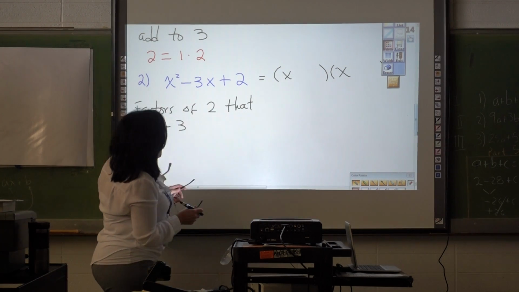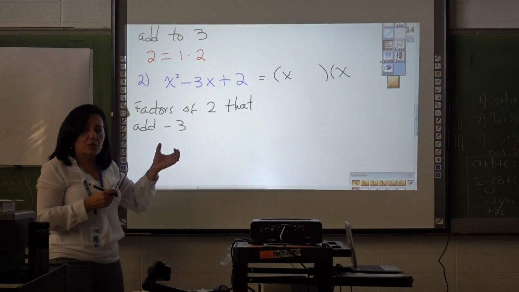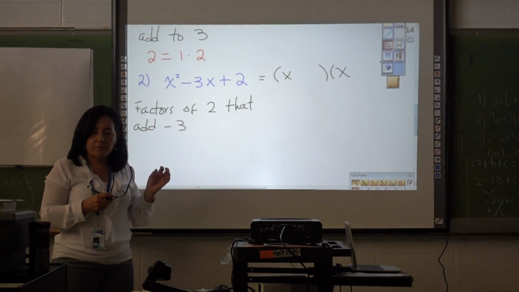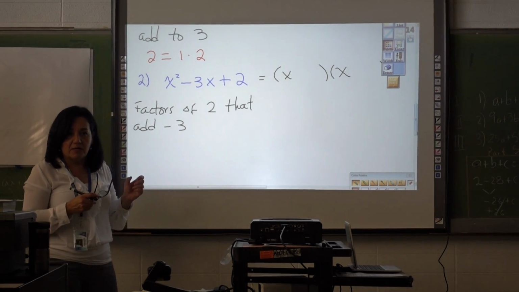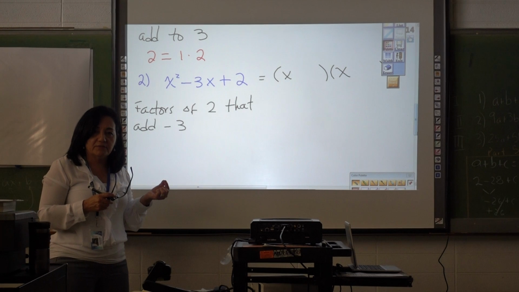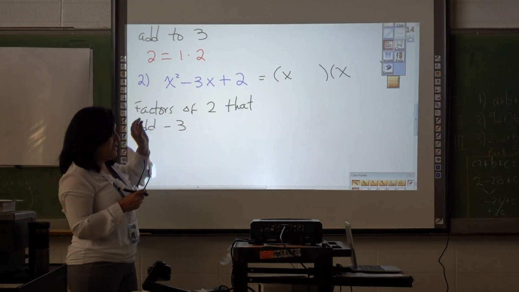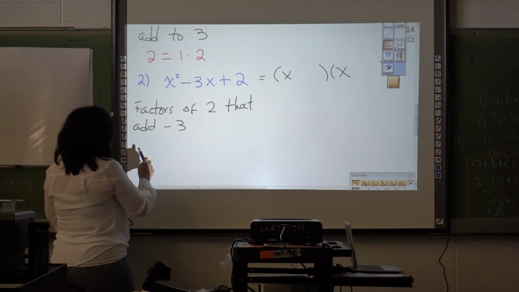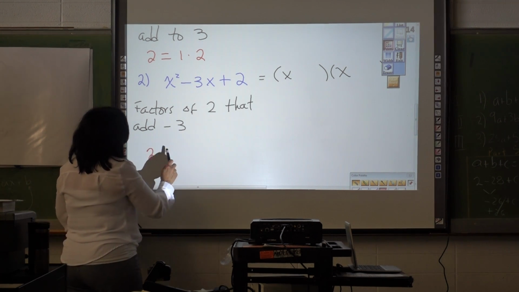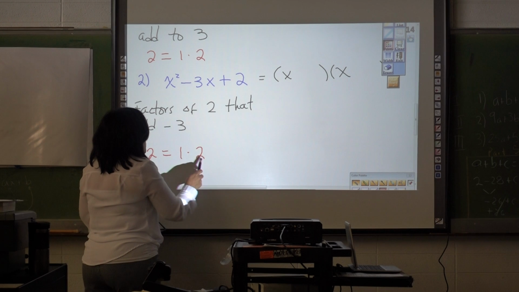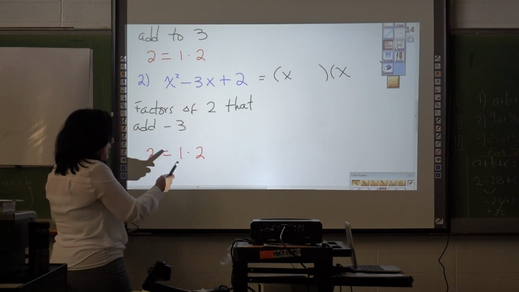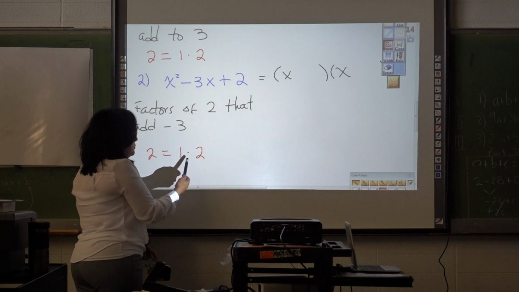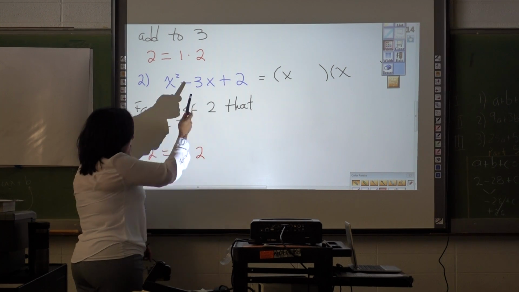If the answer is positive, the multiplication of those two numbers has to be positive. That means both have to be the same sign, because positive times positive gives positive 2, and negative times negative also gives positive 2. So I need factors of 2. I can say 1 times 2 is 2. If both are positive, that's okay, but does this give me negative 3?